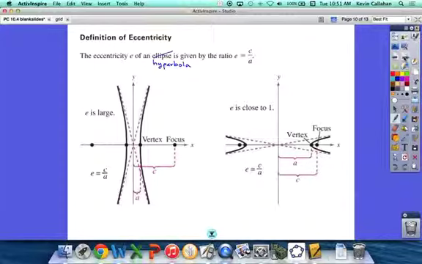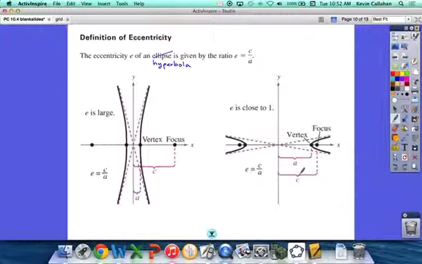So these are the two examples, right? If the eccentricity is large, that means the C divided by A is a very big number, and you get something that's kind of flat. If the C over A is small, that means those two are very close together. So when you divide this distance by this distance, you get a number that's closer to 1.